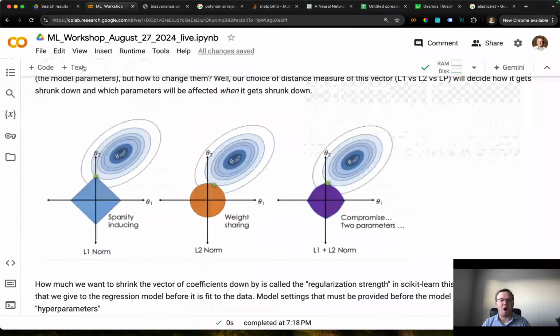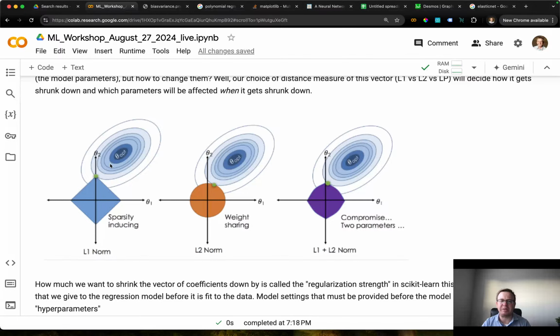All of these, if I'm just changing the value of p in my distance calculation, put a slightly different constraint on my vector of coefficients, my vector of model weights, and are forcing them to shrink down in a slightly different way.